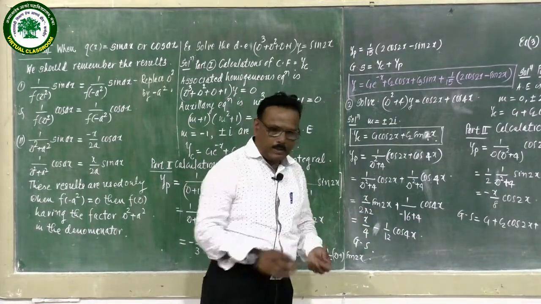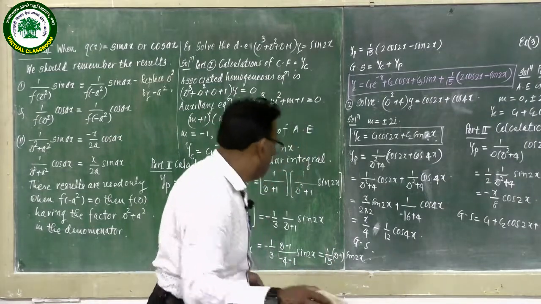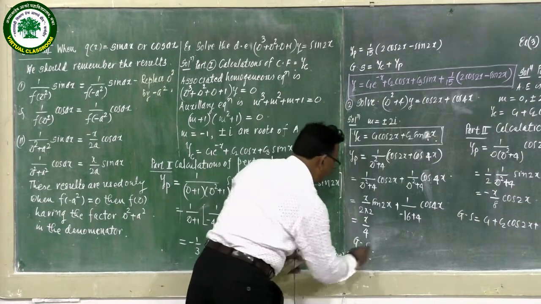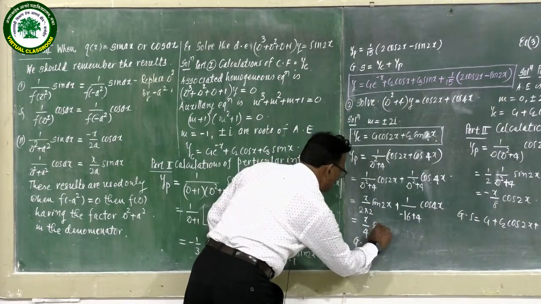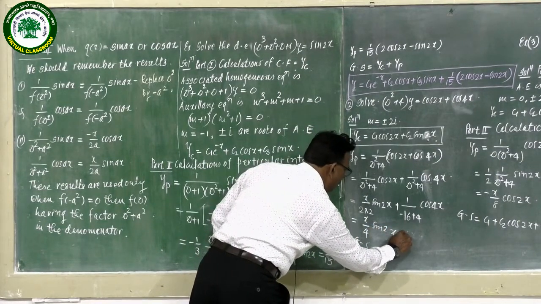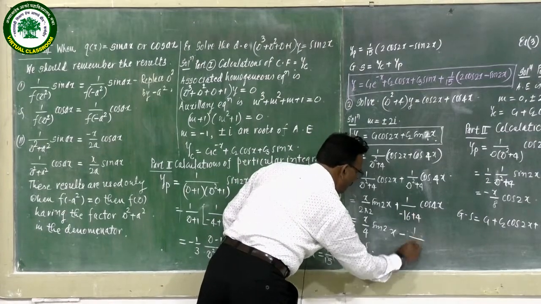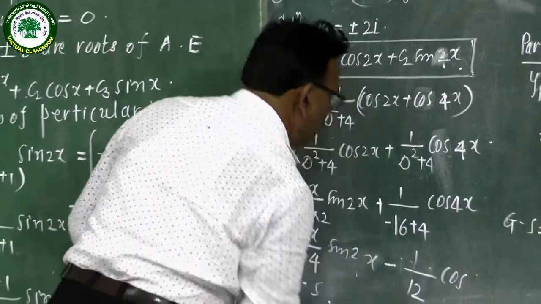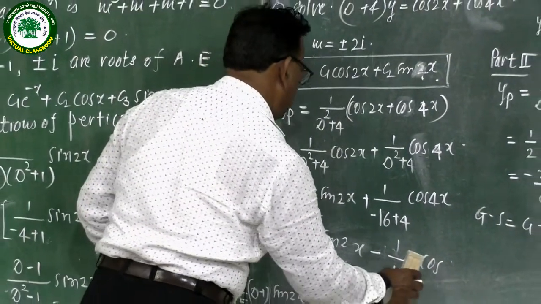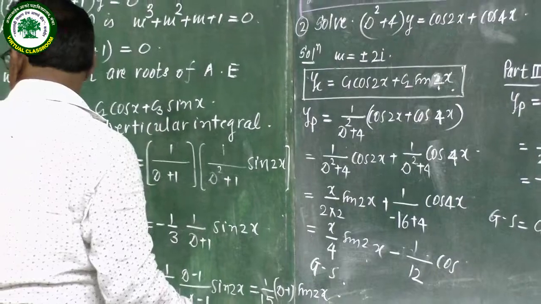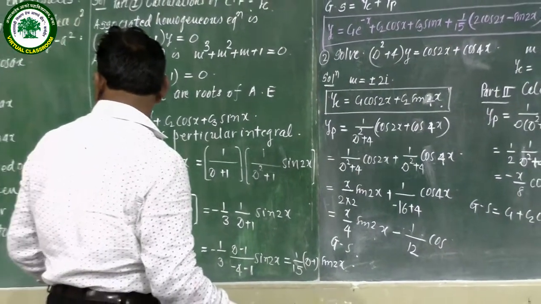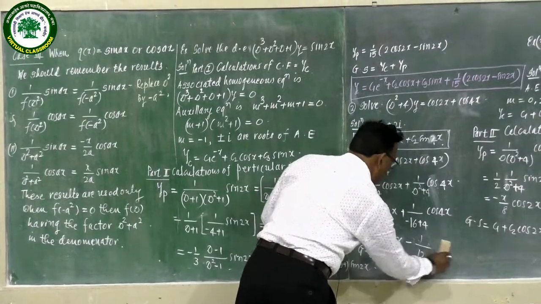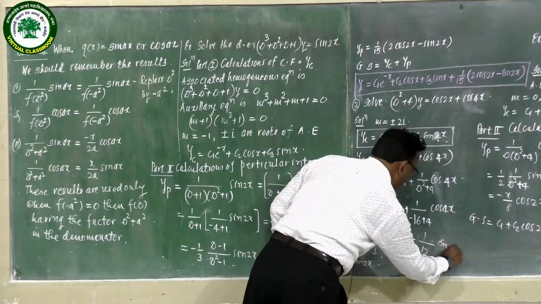There is a slight mistake. Sin 2x minus 1 upon 12 cos of 4x.